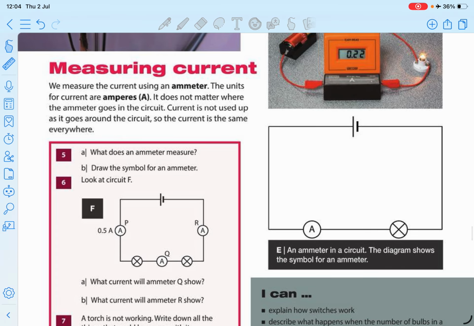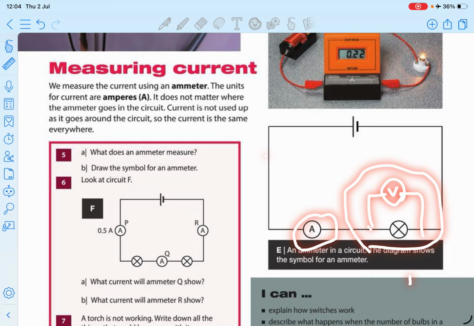Series means it connects like this. Parallel means the voltmeter connects like this, because if you connect a voltmeter in series, it acts as an open switch, so the current will not pass through it. This is the series connection. This is the parallel connection.